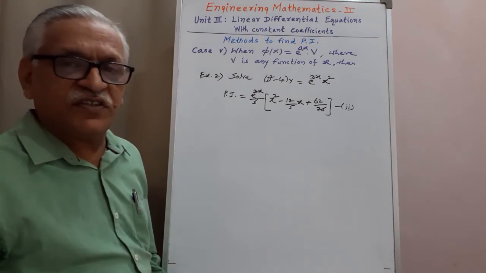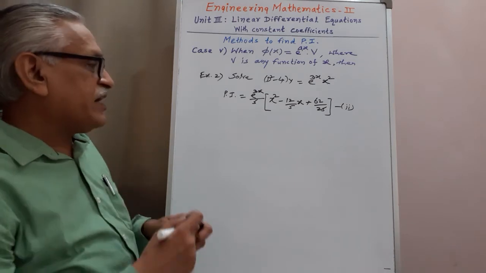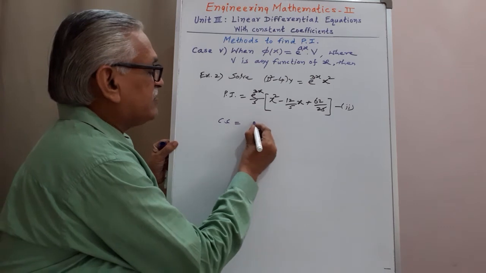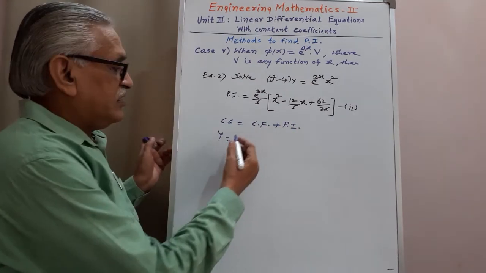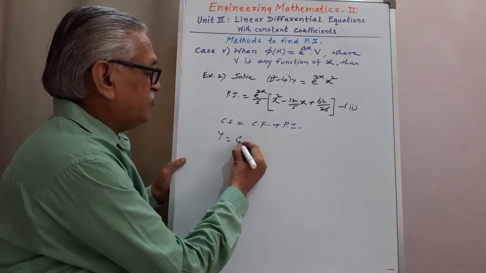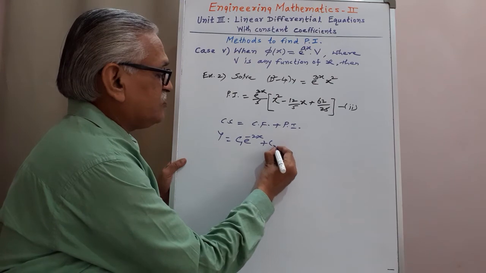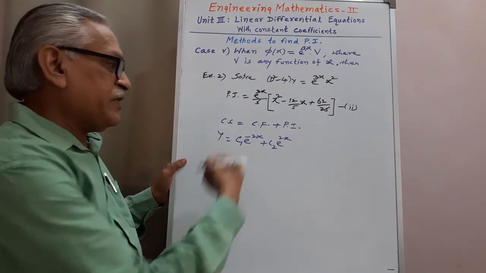We call this equation 2, and then taking the combination of CF and PI, we get the complete solution as CF plus PI. Here CF is C1 e raised to minus 2x plus C2 e raised to 2x, equation number 1, plus PI.